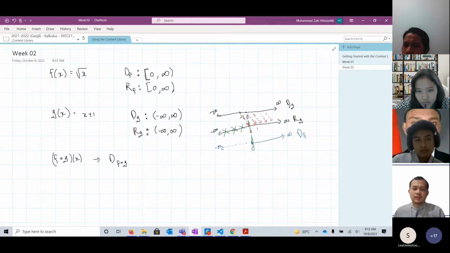Now we see that it is shifted to the right, right? Meaning that the domain of G, so that the range starts from 0 to infinity, is actually from minus 1 to infinity, correct? Understood up to this point?